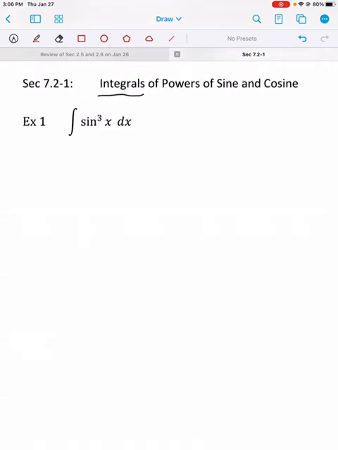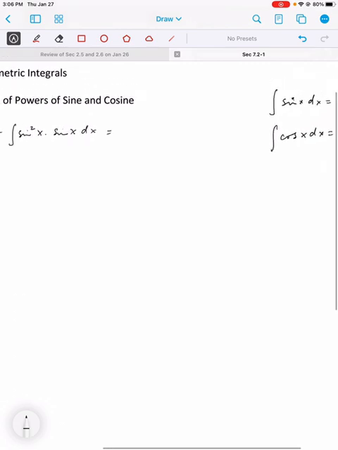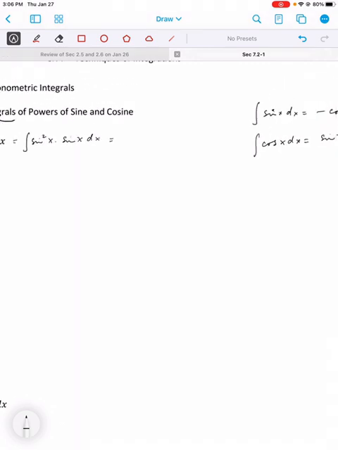handle this problem. It can be handled by splitting and writing sine cube x as sine square x times sine x, integral of sine square x times sine x dx. Now we can apply the Pythagorean identity and write sine square x as 1 minus cosine square x, times sine x dx.